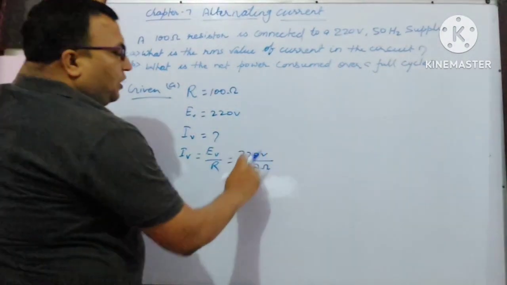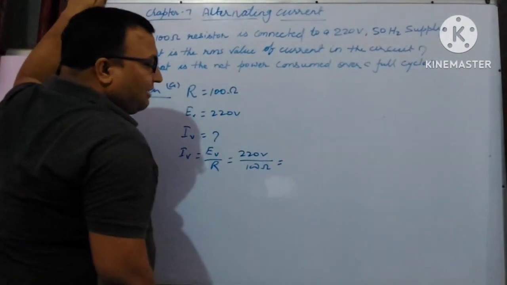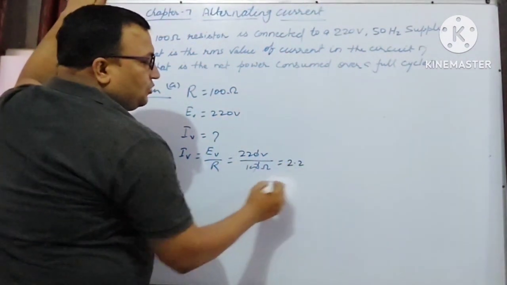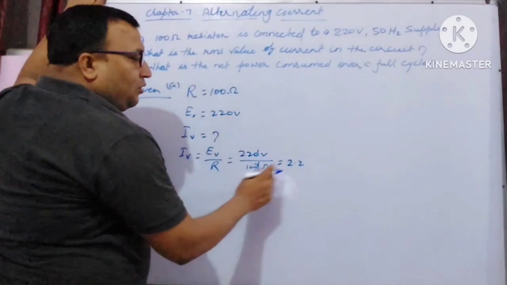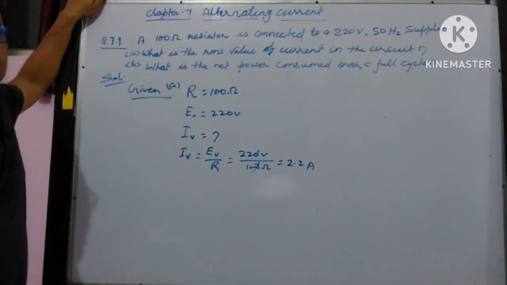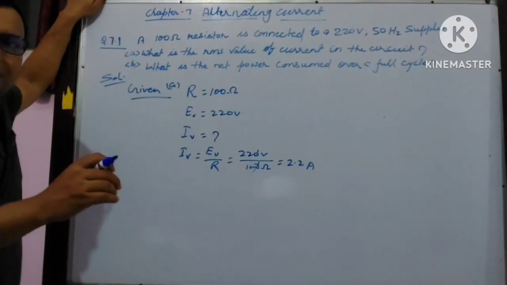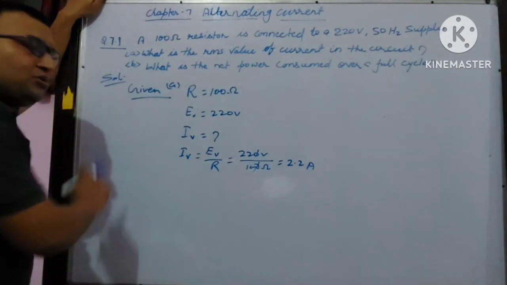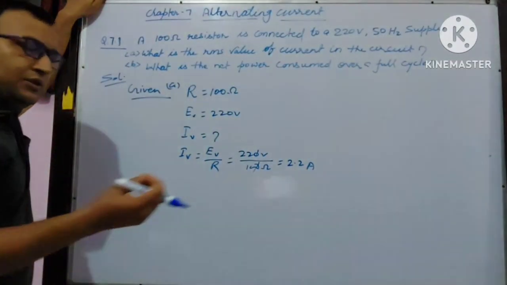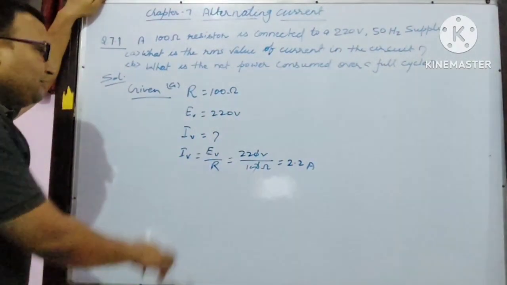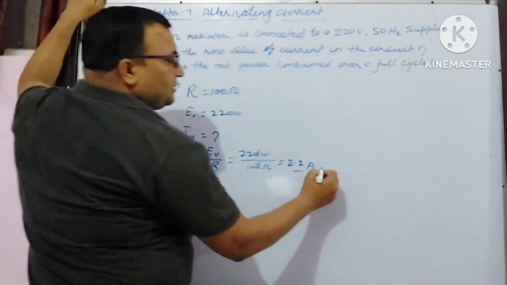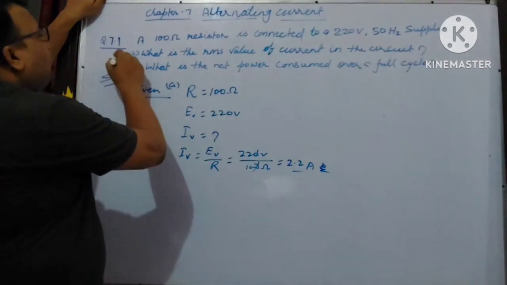When we divide this, the result is 2.2 ampere. This is the RMS value of the current, also called the virtual value, not the peak value, sorry for that. It is represented by IV. This is the answer of question number 1.